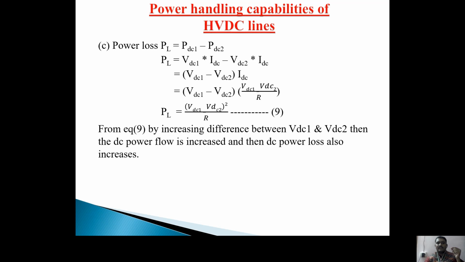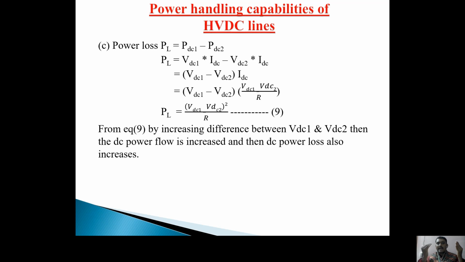And next, we have to determine the power loss in the transmission line, that is power loss PL is equal to PDC1 minus PDC2. So we write PL is equal to PDC1, which we rewrite as VDC1 into IDC, minus PDC2, which we rewrite as VDC2 into IDC, from the DC power at the rectifier end and the DC power at the inverter end.